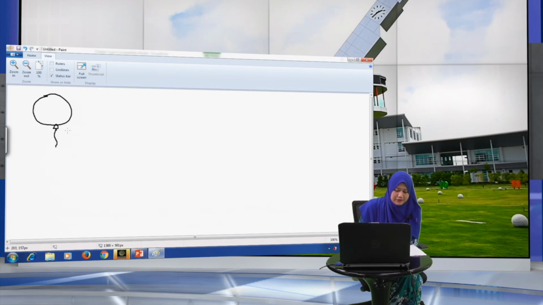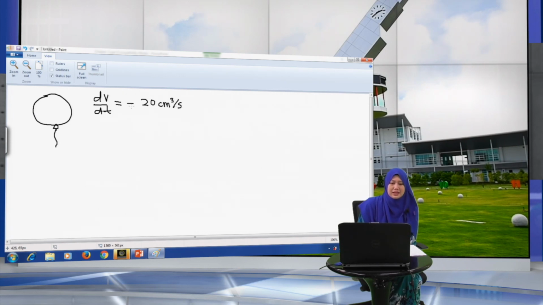Air is being deflated. That means the balloon is shrinking at a rate of 20 cm cube per second. That means this is dV/dt equal to minus 20 and the unit. Okay, negative means the volume is decreasing.